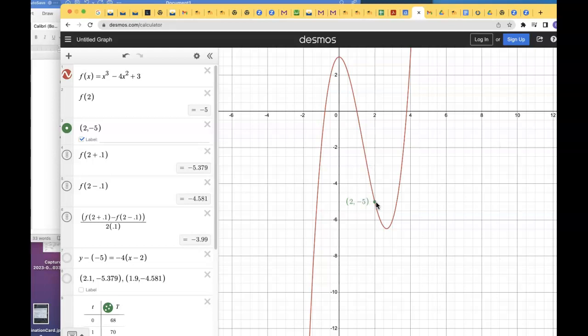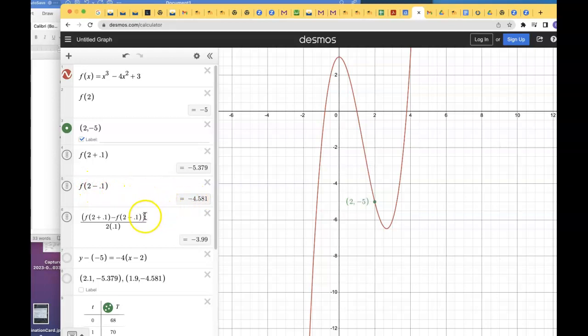Now to do that, I've decided we're going to use the h value of 0.1. So first of all, I plug in 2 plus 0.1 into the function to figure out its y value. Then I put in 2 minus 0.1 to find its y value.